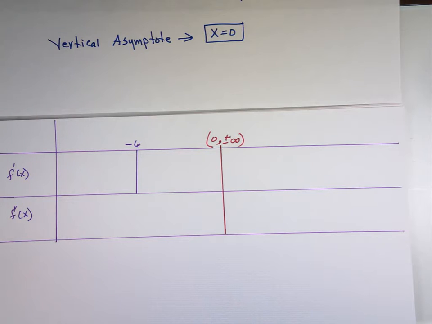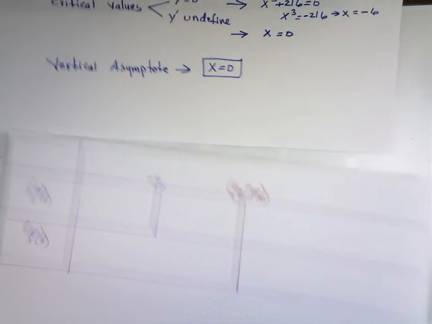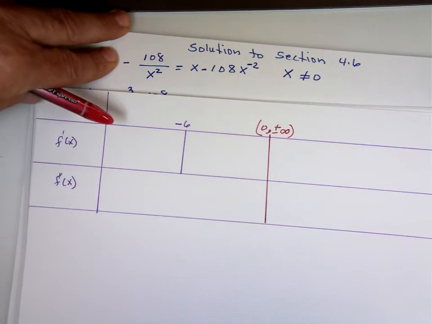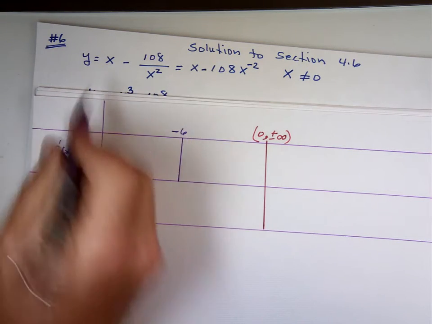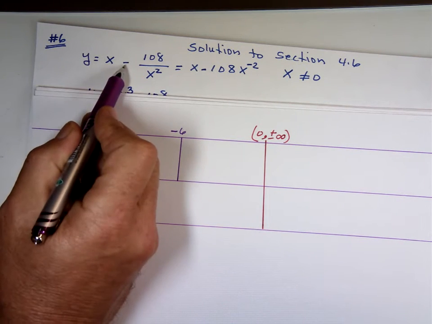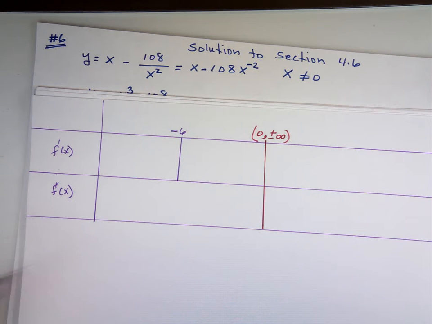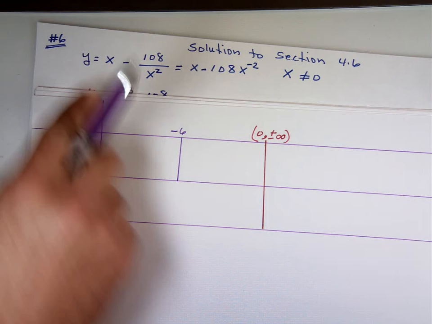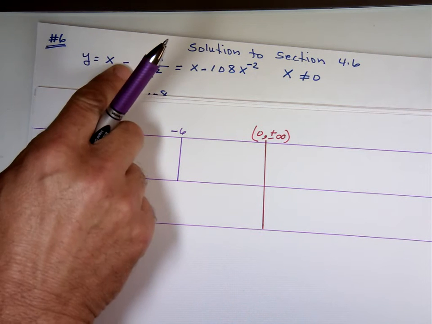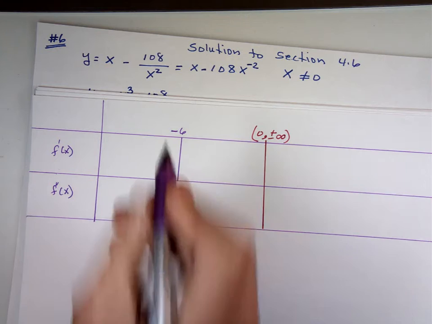And when x is minus 6, what's the y value? Let's plug it in. What's negative 6 minus 108 over 36? 108 divided by 36 is 3. What's negative 6 minus 3? Negative 9.